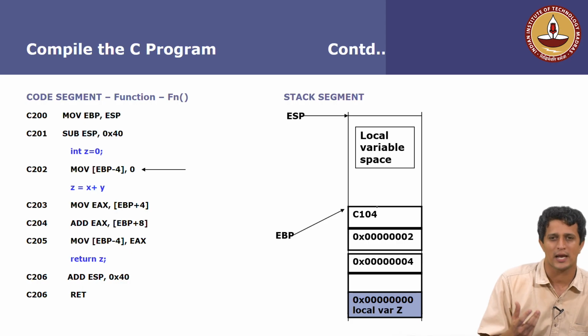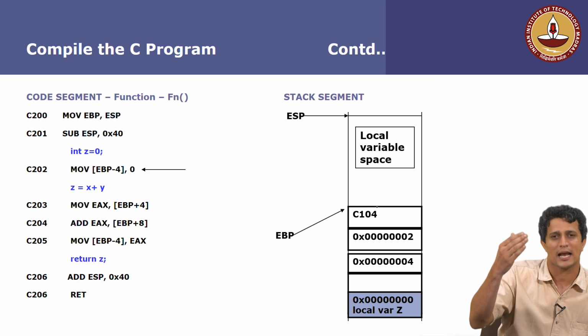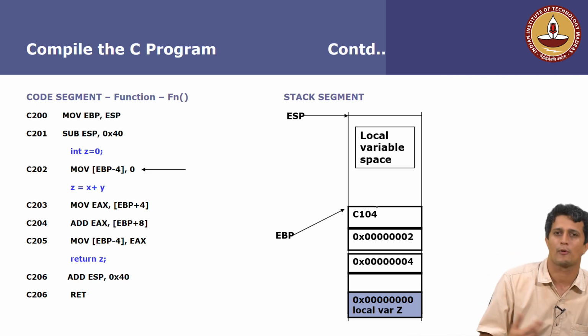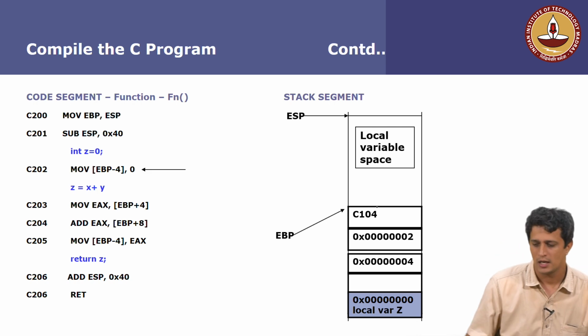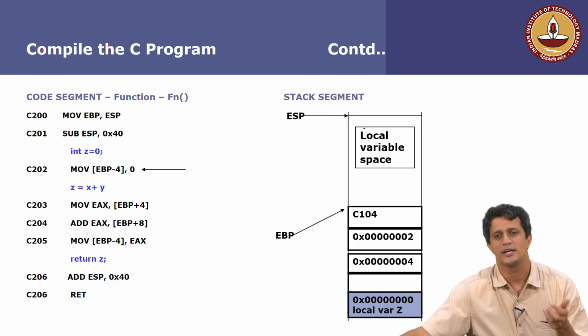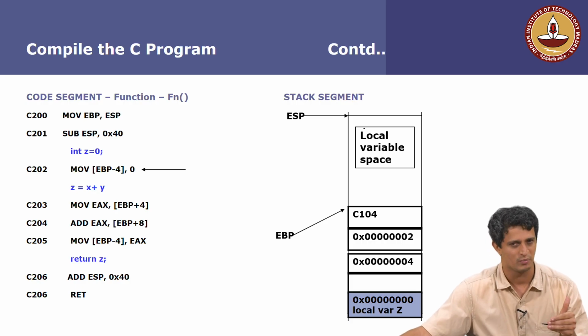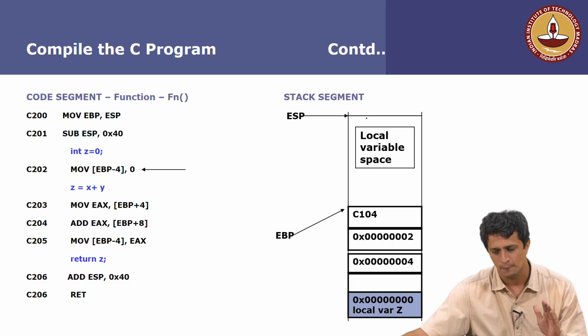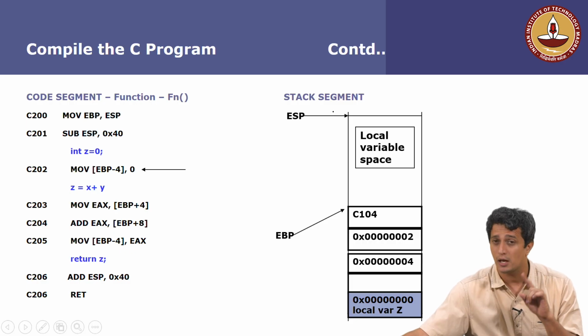So at compile time you can calculate how much space you need and subtract from ESP an appropriate value. So while we claim that the developer does not need to worry about allocating local variable space, which is a true statement, it does not mean that the compiler need not do that.